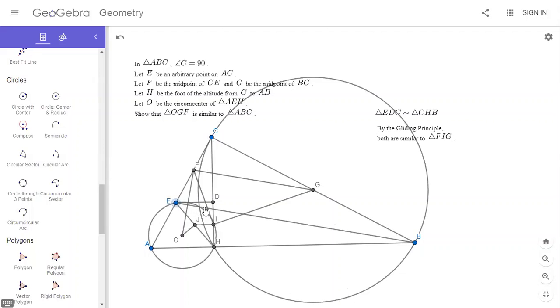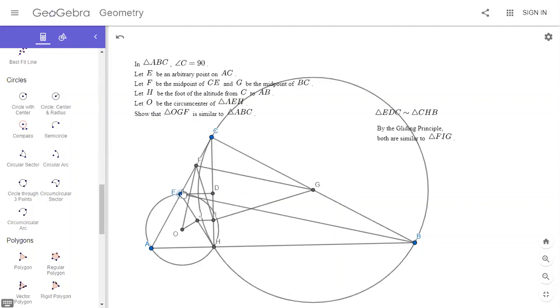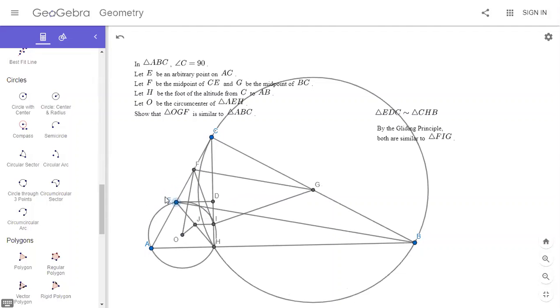So, and it looks like these three are concurrent. I don't see why right now that is, but that's what it looks like from the diagram.